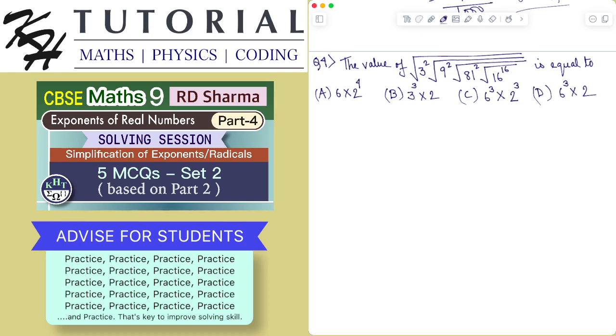So this is nothing but there is an outermost square root, and inside the square root the radicand is 3 square multiplied by another square root, and inside that square root the radicand is 9 square multiplied by, again, a square root of, like this.